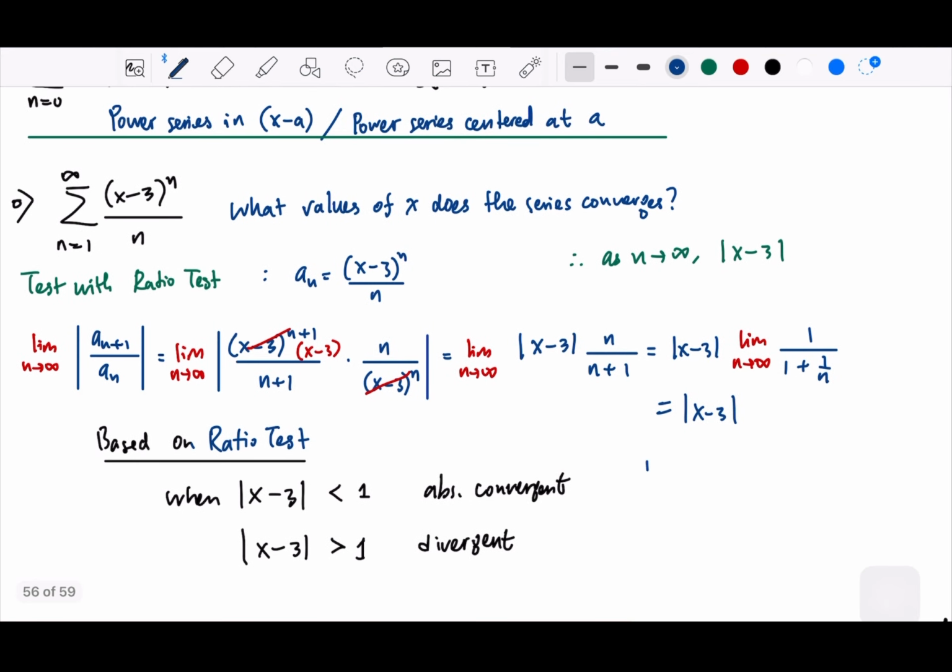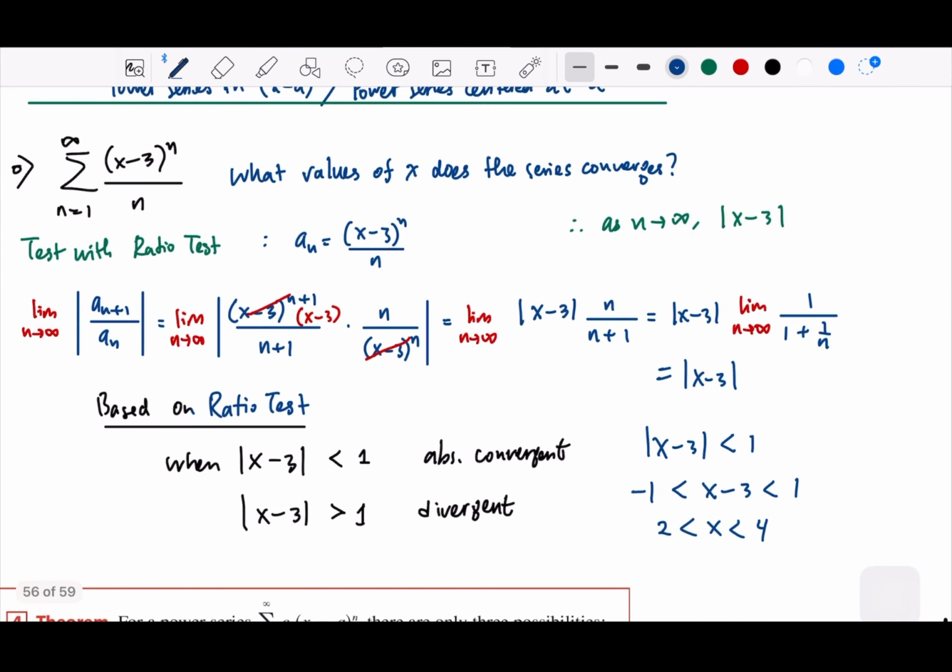So when x minus 3 in absolute value is less than 1, which means x minus 3 is between negative 1 and 1, so this is going to be 2 to 4. So converge from this range of values.